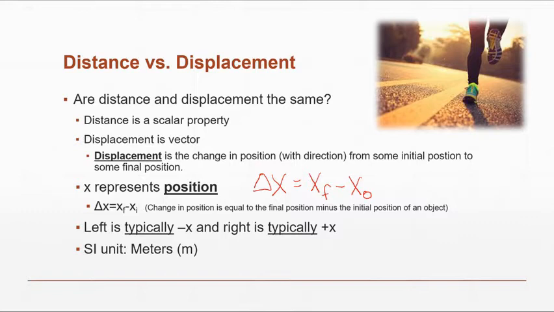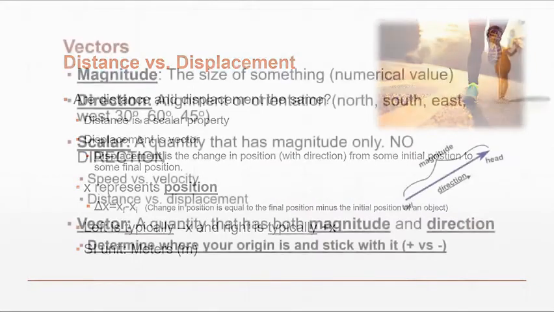If you were to take two rulers and make them perpendicular to each other, with up as positive Y and to the right as positive X, and then you flipped that upside down, now you have downward as positive Y and to the left as positive X. So you can do that too. But for right now, we're going to start with left as negative X and right as positive X. And also the units that you're going to be using here are meters for your displacement.